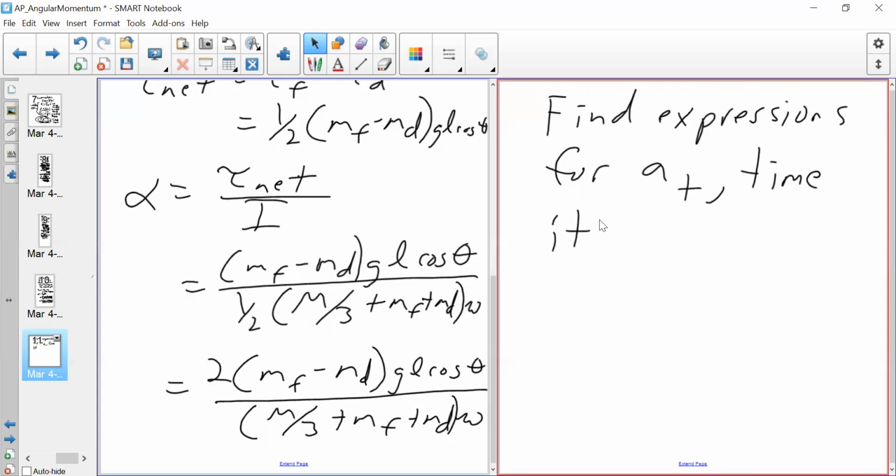The time it takes to rotate, let's see, to do 1/4 of a rotation.